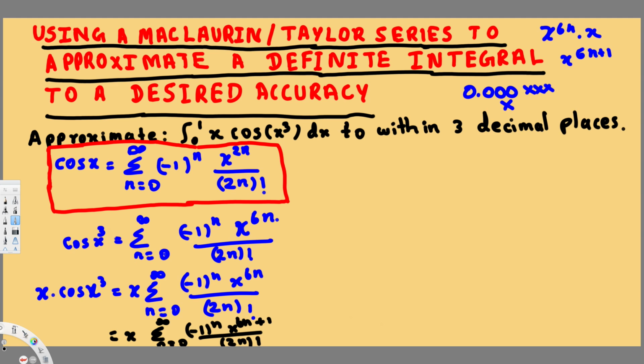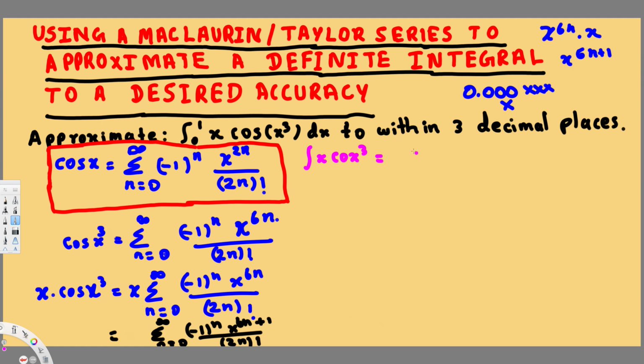So here the integration of x cos x cubed is the same as integrating this power series. After I bring this x right here, this one doesn't exist here anymore. Now let's go ahead and do the integration.